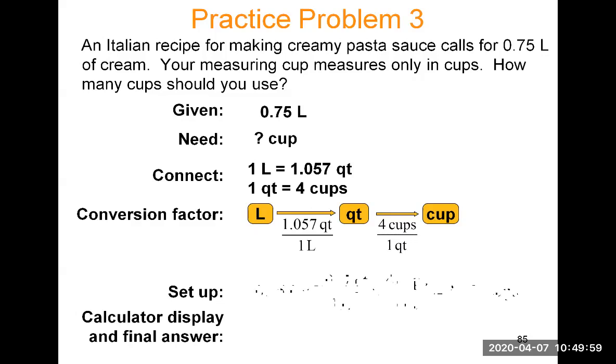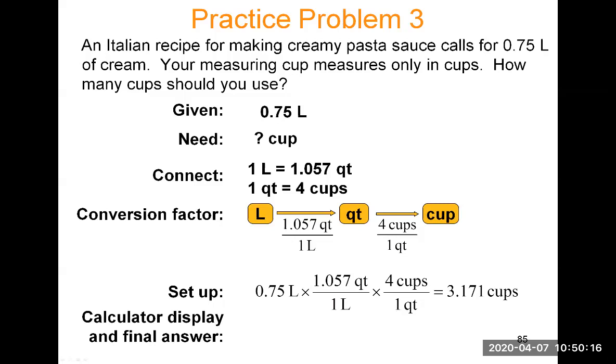So write down your setup by writing first your given amount. Always start with the given amount. So here, 0.75 liters. As a reminder, this is in the numerator, so you could draw a line under and have a 1 in the denominator.